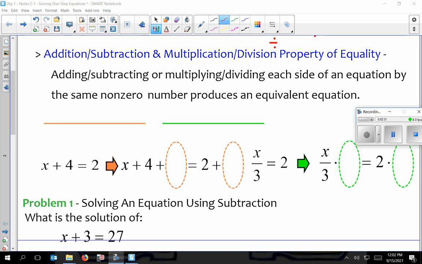An example of this: if I have to solve this equation down here, x plus 4 equals 2, I'm trying to get x by itself. So I'm going to identify the operation of how x and whatever number might be connected. In this case, it is connected by addition. To undo that, I'm going to subtract whatever that value is.